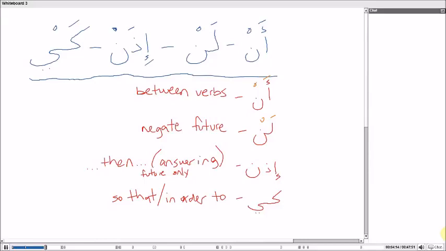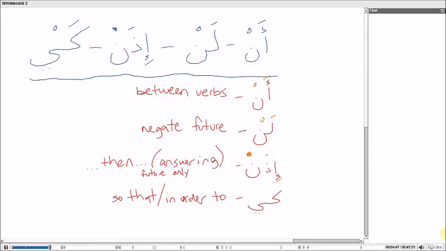Lan is a negation of the future, and it makes the verb which follows it mansoob, the fatha for our purposes now. Then we have idhan, which we said is an answer to something. So I say, for instance, if you come to Kuwait, then we'll go to Sheikh Salem, as an example, right?